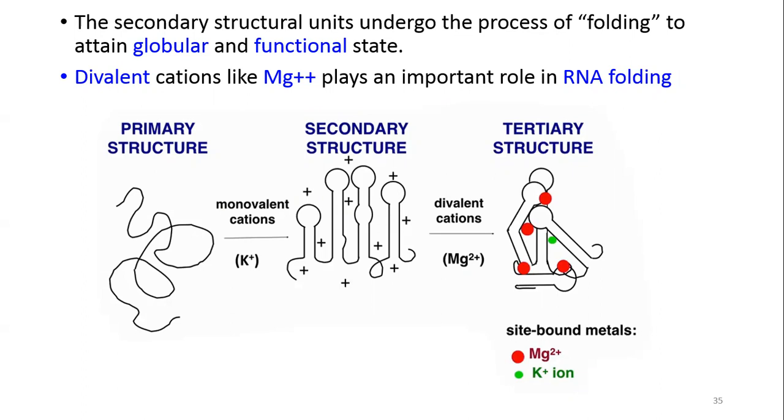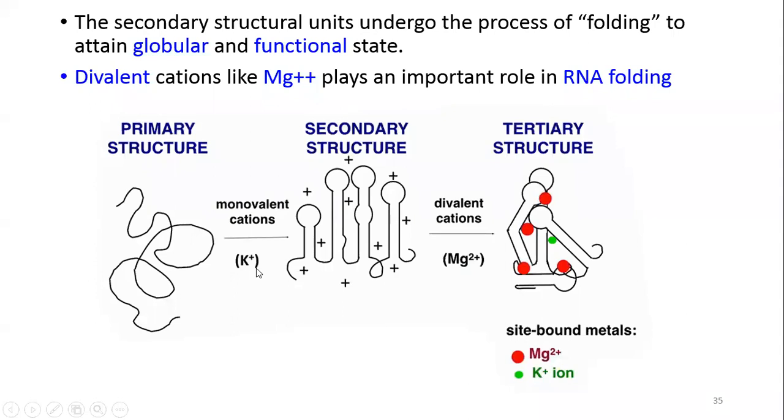Just to make things clear, in primary structure, it interacts with monovalent cations like K+ ions, which results in the formation of secondary structural states. And after the formation of secondary structure, a divalent cation like Mg2+ comes into play, which eventually helps it obtain the globular fold and get a tertiary structure that can be functionally active.